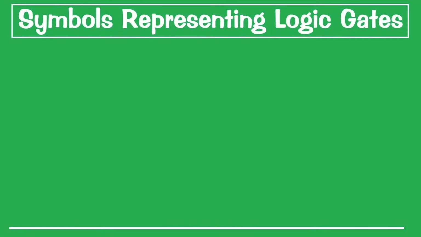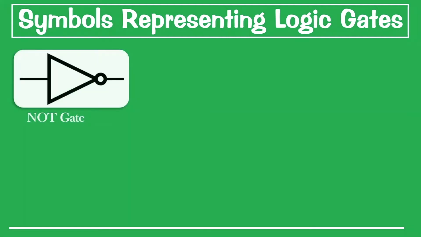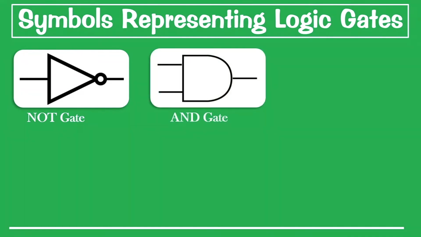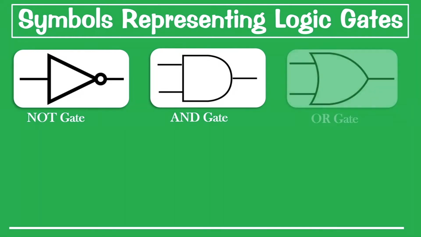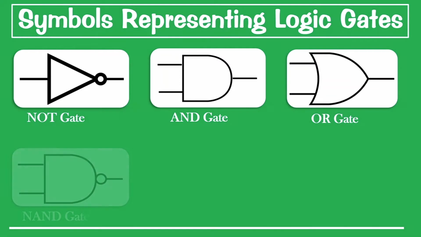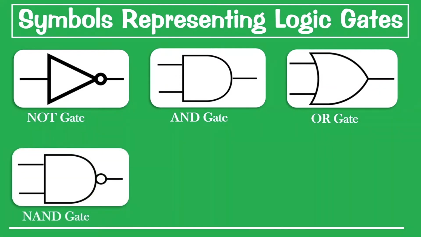Viewers, there are common symbols used to present logic gates. The first one is the NOT gate. Secondly, we have the AND gate. The third one, we have the OR gate. Fourthly, we have the NAND gate.